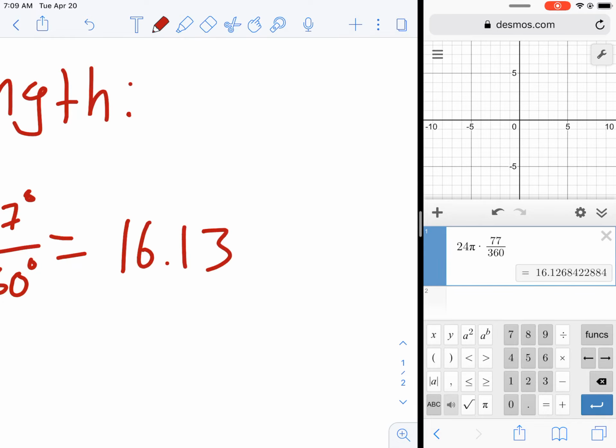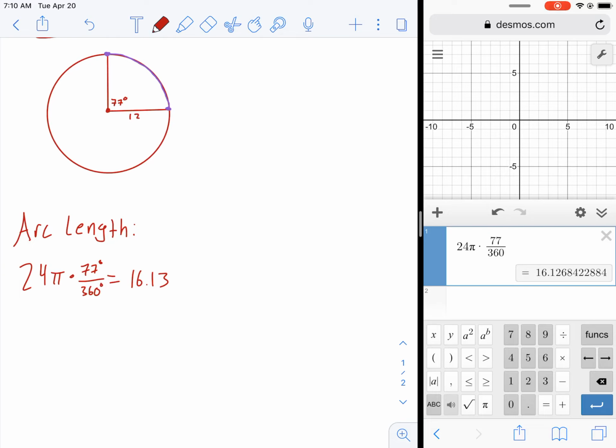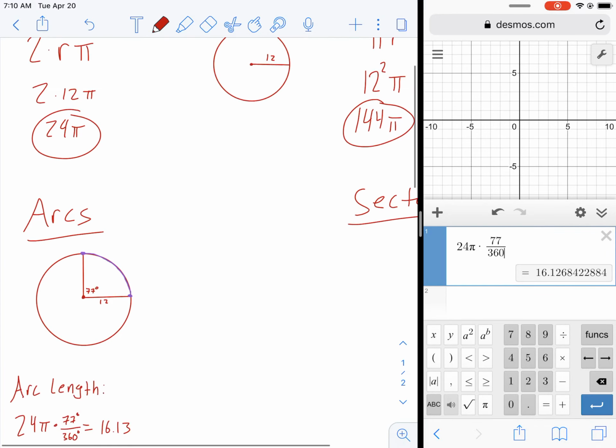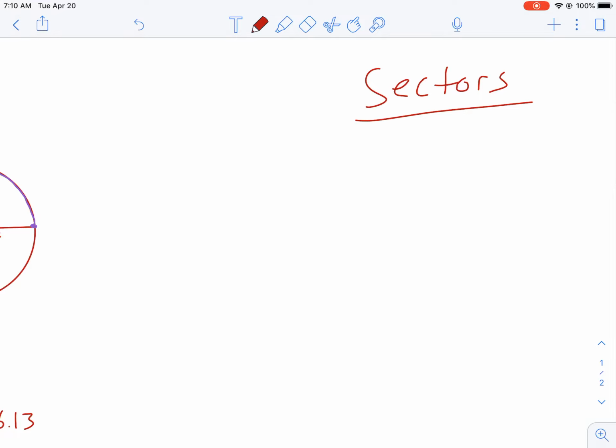So the length of this arc would be 16.13. And that's basically what you got to do. You find the whole circumference using this formula, and then you multiply it by the angle over 360. Now, sectors are very similar.